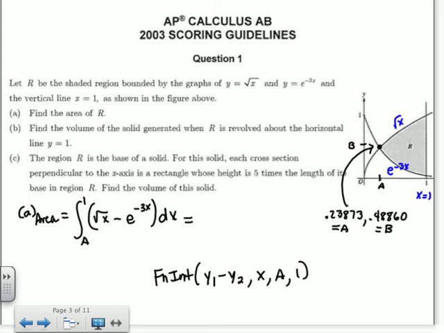So I hit VARS, arrow over to Y-VARS, function y1, minus VARS, Y-VARS, function y2, comma, x, comma, alpha A, comma, 1. When I do that, I get 0.442629, so I'm going to say 0.443.